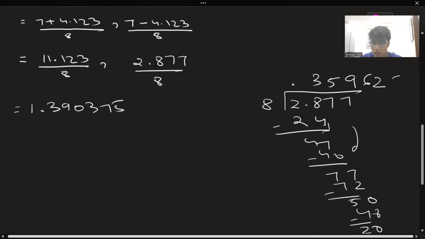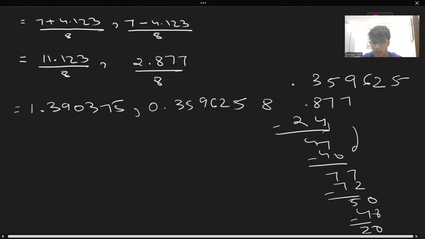And 8 fives are 40. So you have 0.359625. Now once again, I'll just delete the calculation from here.